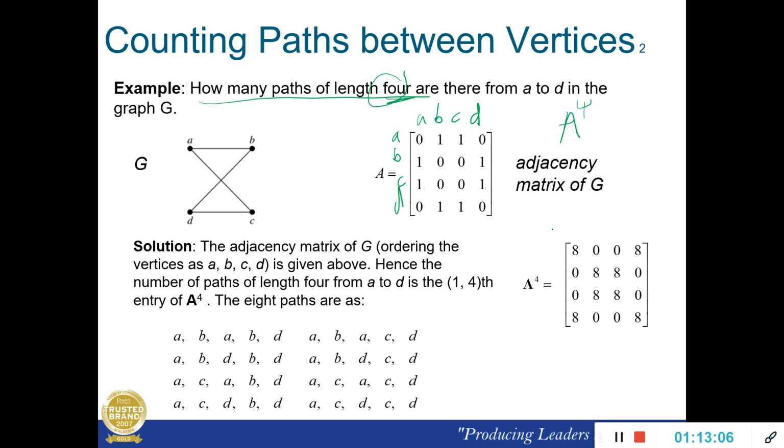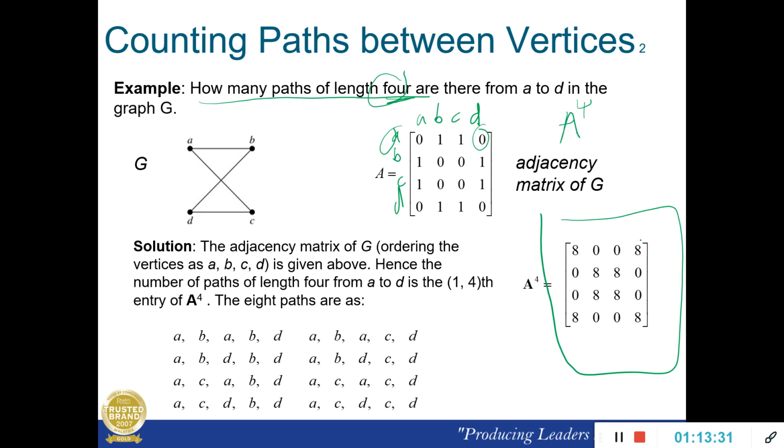So you get A to the power of 4, say we can use MATLAB or whatsoever. Here you have 8. Since the number of paths of length 4 from A to D is the 1, 4 entry of A to the power of 4.